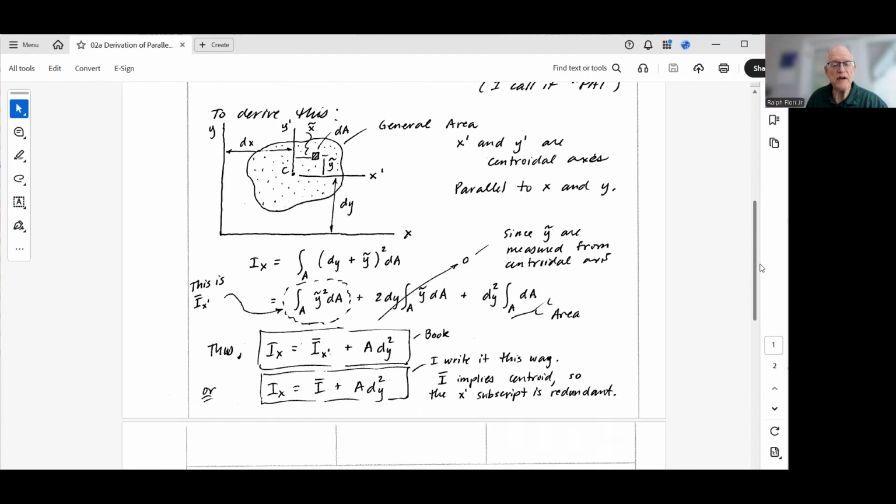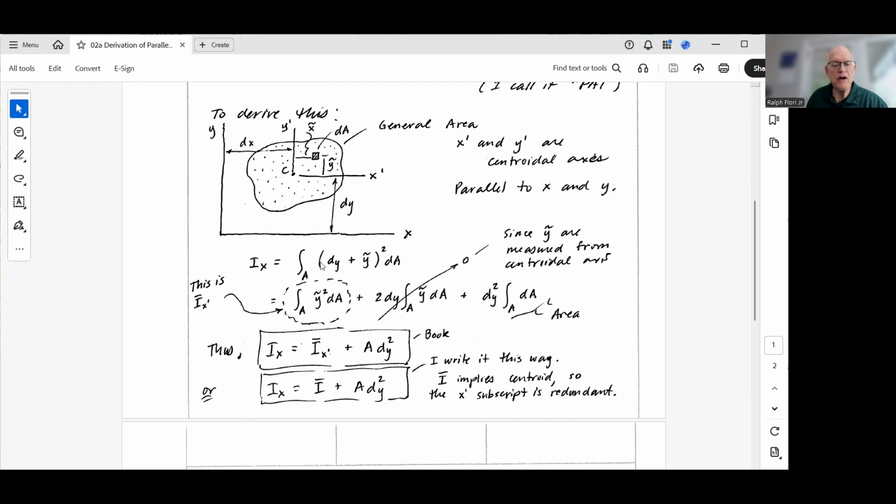We typically write it as Ix is equal to I bar plus A d squared. I usually drop the X prime subscript because the bar implies a centroidal I, so adding the X prime is redundant, in my opinion. So I try to write it this way in most cases.